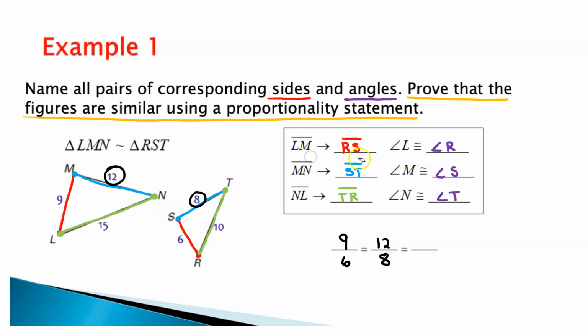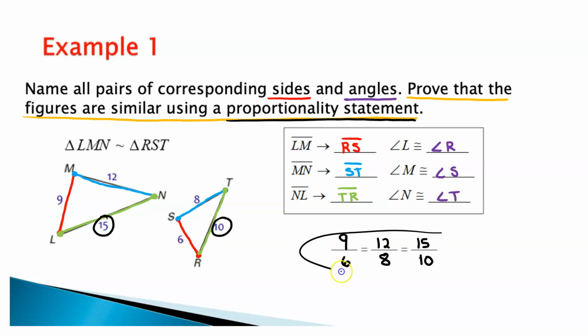We have one more side to match up. That is NL, from N to L, which is 15. We're matching that to TR, from T to R, which is 10. So that is our proportionality statement, but I still have to simplify and prove that all three of these fractions are equal to each other.